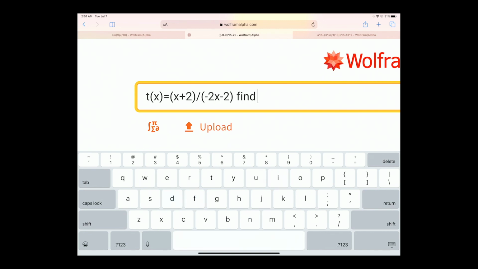Find t prime of 10. And it should understand this, and if not, we'll just write it a different way.